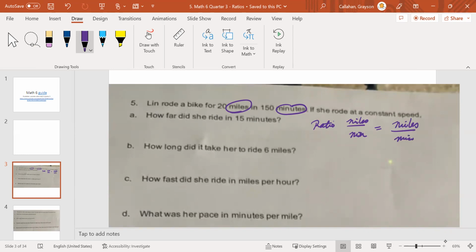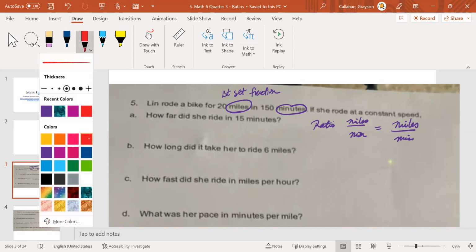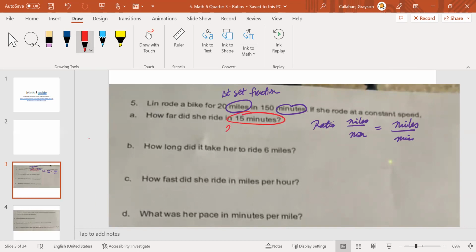The reason why we have 2 of them is because they give you one set. This is the first set of fractions, right? And then it says if she rode at a constant speed, how far did she ride in 15 minutes? So here's the second fraction. They gave you the minutes in the second fraction, but did they give you miles? No, that's what we're trying to find.